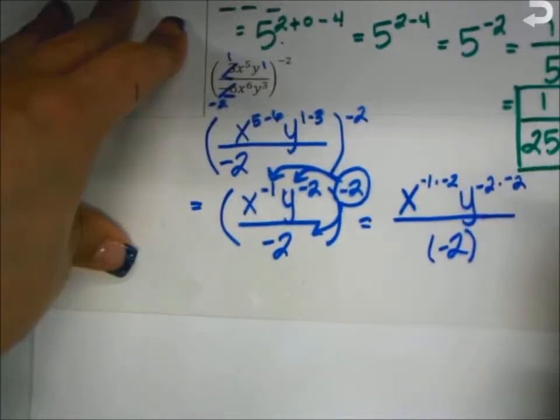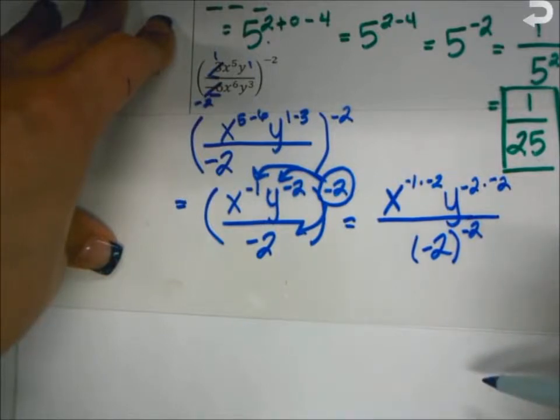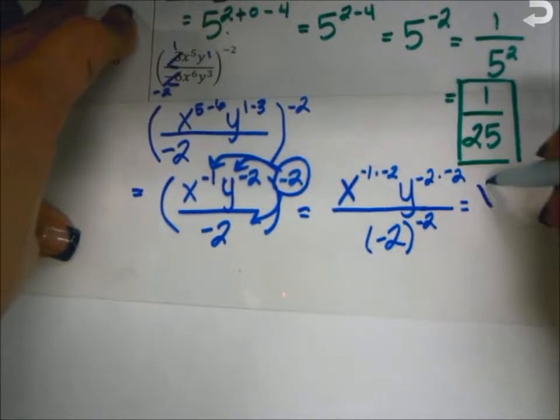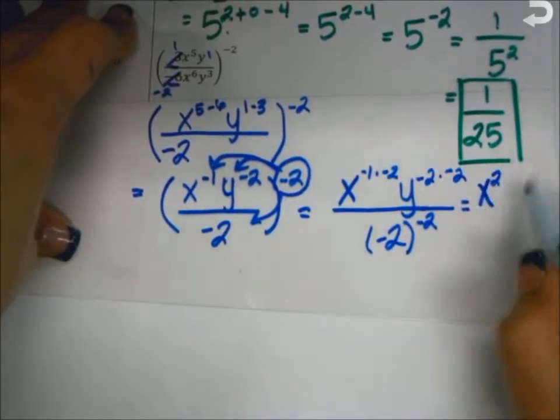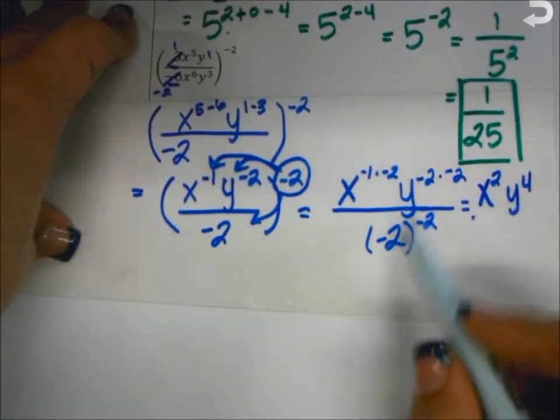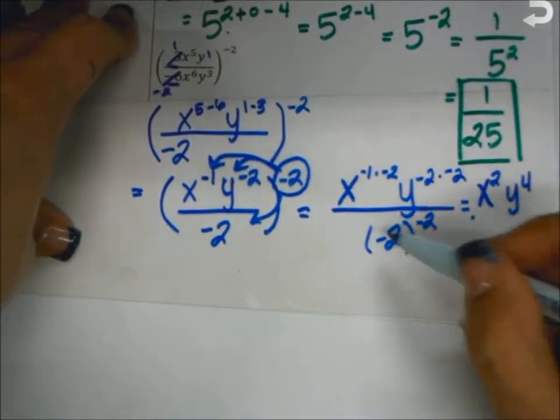So once all of that simplifies, I get x to the second power, y to the fourth power, and now I have negative 2 to the negative second power, so I need to move it up to the numerator. So it's actually going to become negative 2 squared.